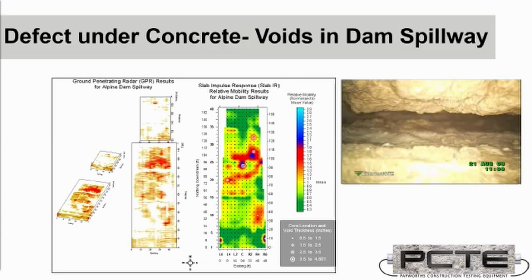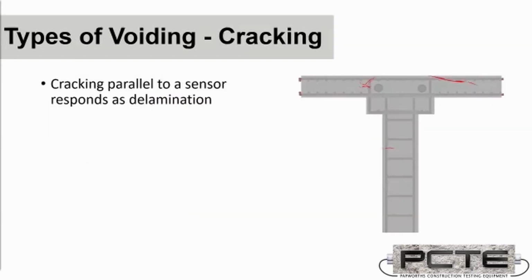The color map data is slab impulse response data, showing higher mobility of those measurements. And the white circles indicate regions of actual voiding. The picture shows a drilled core from that.